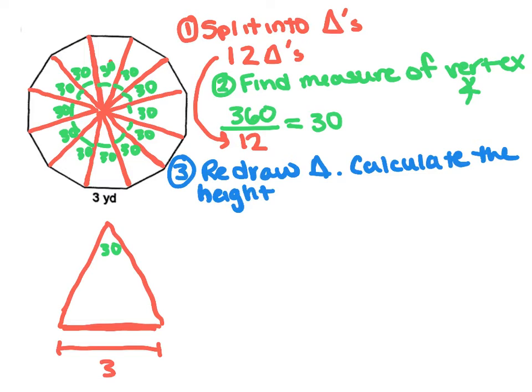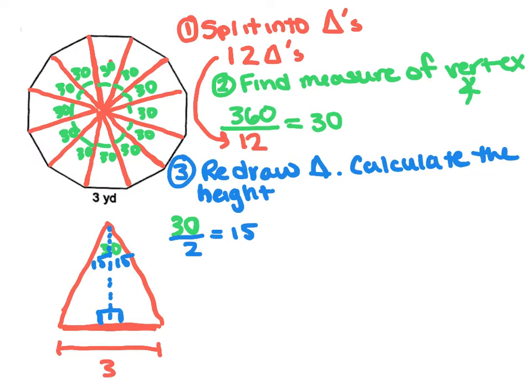However, in order to find the height, you're going to have to split this triangle in half. Now that means that the 30 is going to be split in half, so it'll be 30 divided by 2, which will give you an angle of 15. So this angle is 15, and this angle is also 15.